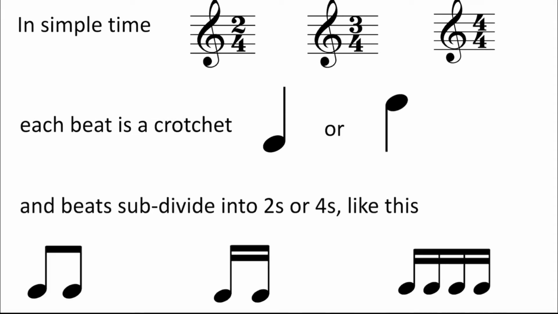Same thing. And the beats subdivide into groups of 2s, or sometimes 4s, like this. Group of 2 quavers, group of 2 semiquavers, group of 4 semiquavers. So they're always breaking up into 2s or 4s in simple time.